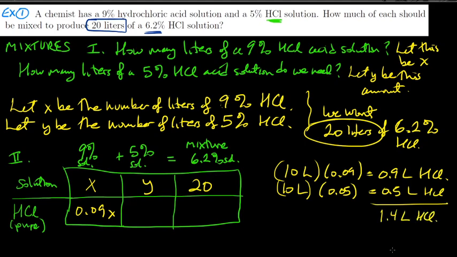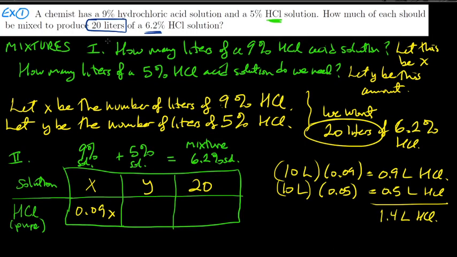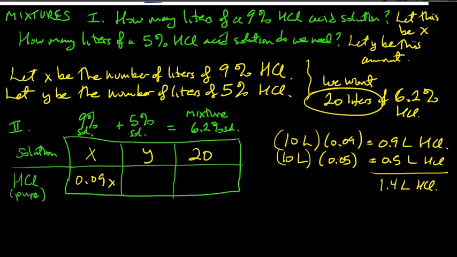Now, is that what we want? That's tricky, because we're not told how much pure hydrochloric acid we need directly. What we're looking for is 20 liters of 6.2%. So if we take 20 liters, since 10 plus 10 is 20, and multiply by 0.062, do we get 1.4?